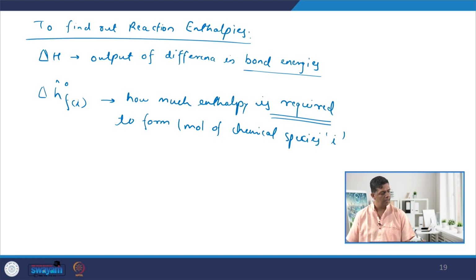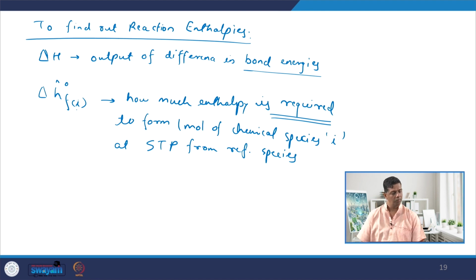The species is I here. This is your species I at standard temperature and pressure conditions from the reference species. So, this is what enthalpy of the formation is.